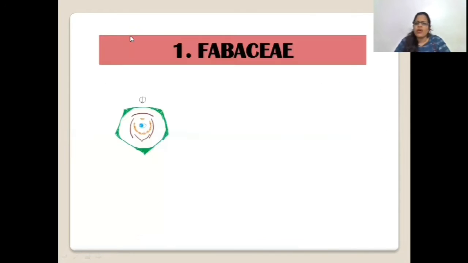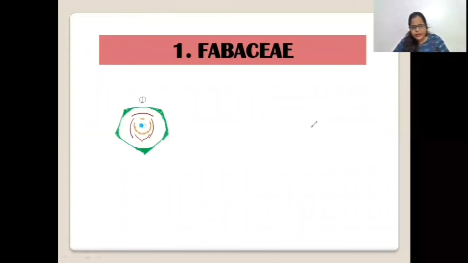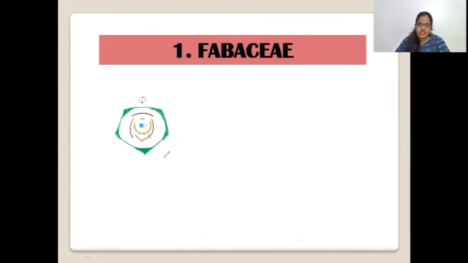Pulses means all the dals like gram, arhar, moong, bean, chana. Chana is gram only. Different types of chanas are there. All the pulses we use as food are included in this group itself. So the first example we have got is pulses.